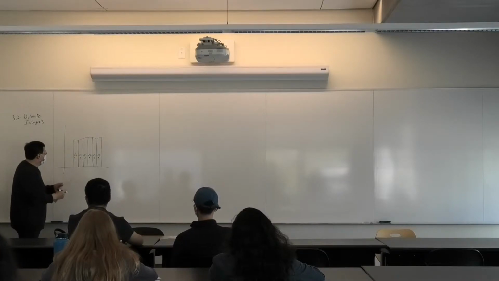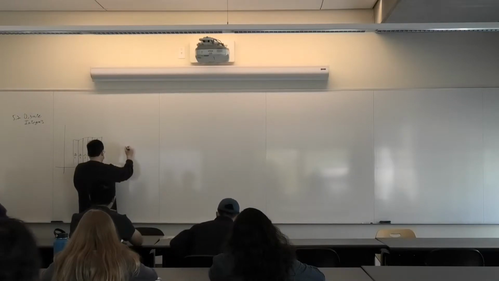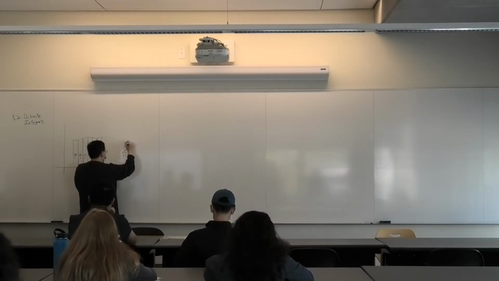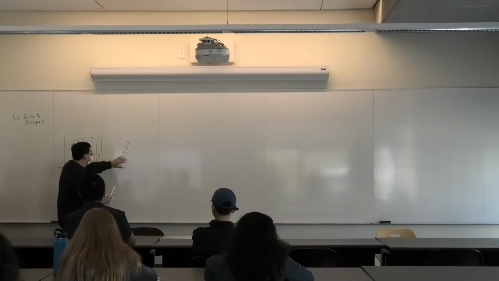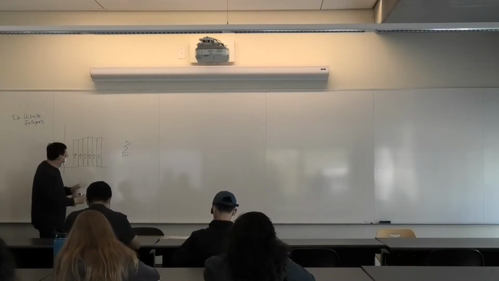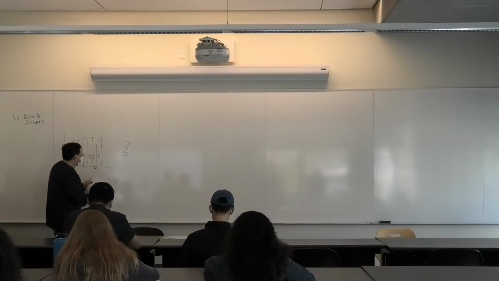And we estimate this area as a sum, where n is the number of slats, each of which has a width of delta x.